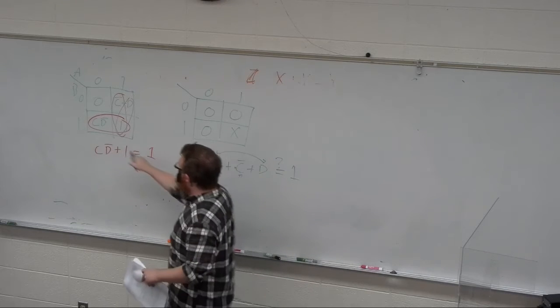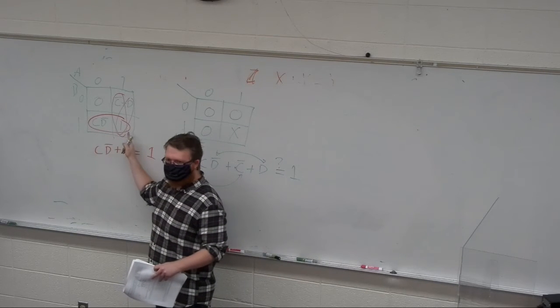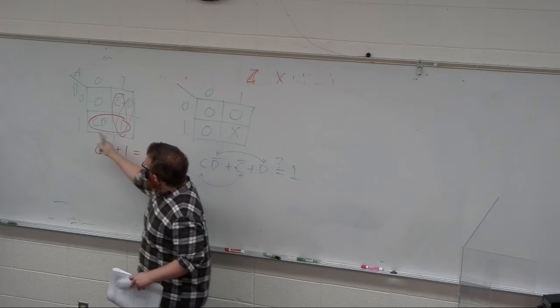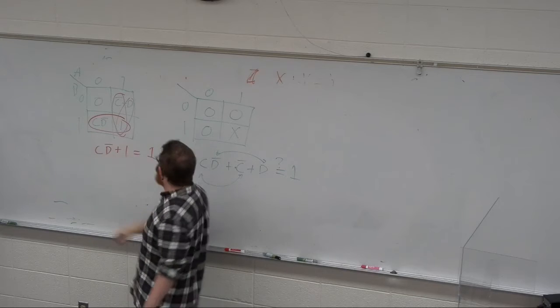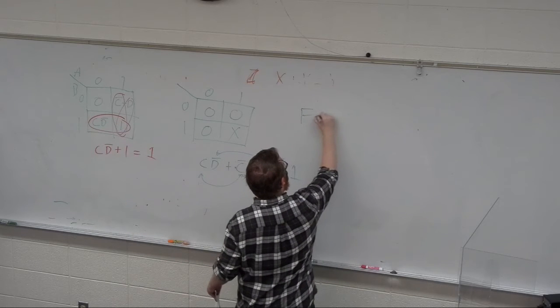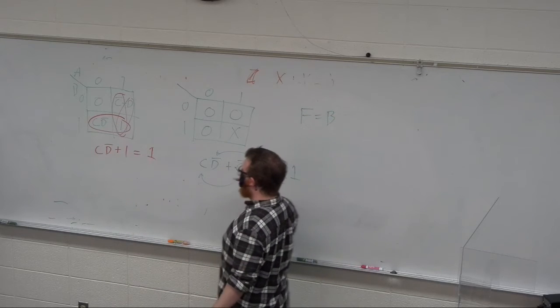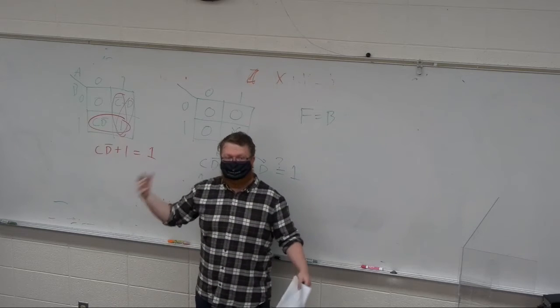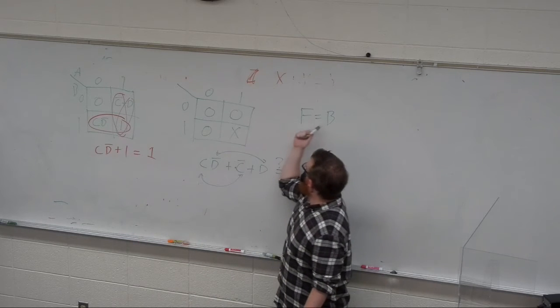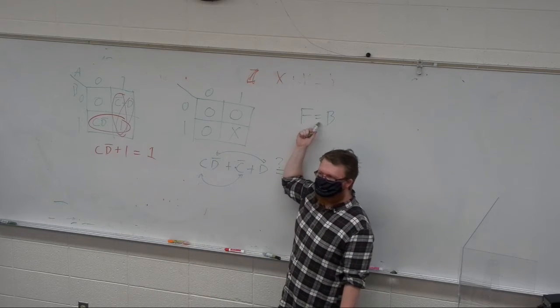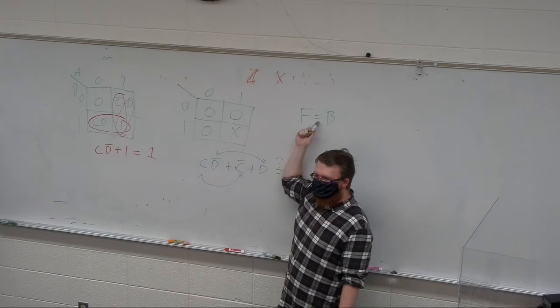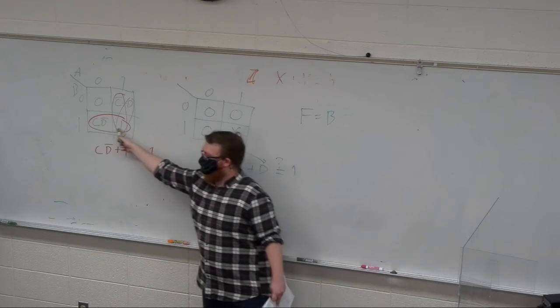So in the first case, I have this circle. B is what's not changing. But then I have to deal with the map entered variable, right? And I AND this with the map entered variable. What is the MEV in this case?